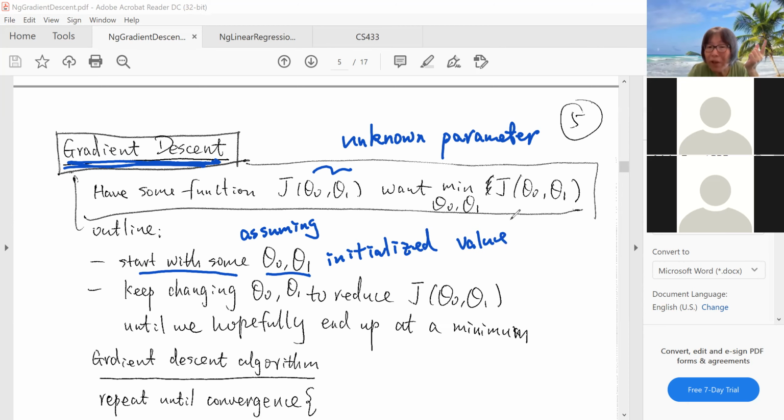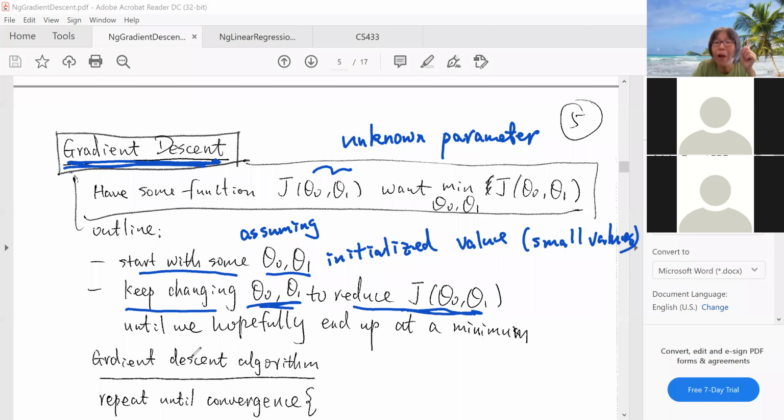In our previous example, like Adaline, we already saw you start with some small value. Then we keep changing these two. When you do the update, you need to reduce the cost, until you get very close to the minimum point.